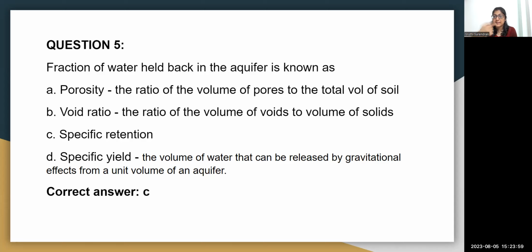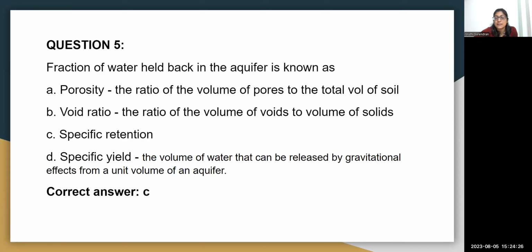When you find the ratio of the volume of the pore spaces alone, the volume of the voids, to the volume of the solids, then we call it the void ratio. Porosity was the volume of the pores to the volume of the entire soil sample, while void ratio is the volume of the voids to the volume of the solid particles in the soil sample. So that was about porosity and void ratio.